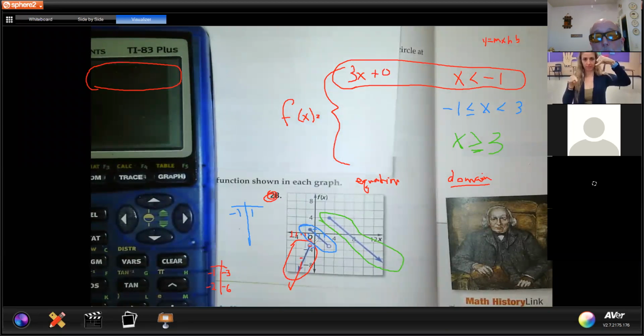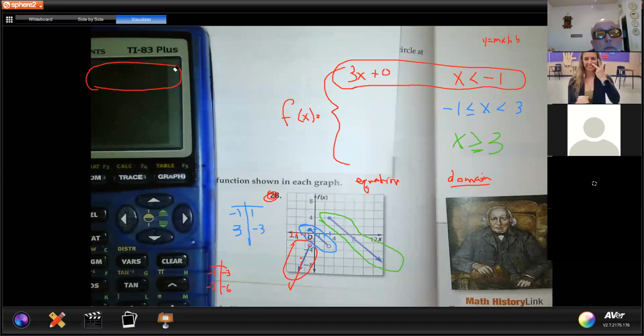It would be -3, or +3, excuse me. The right side is +3, and the left side -3. All right. So the first dot, the solid dot, is at -1, 1. The open circle is at 3, -3. Okay?